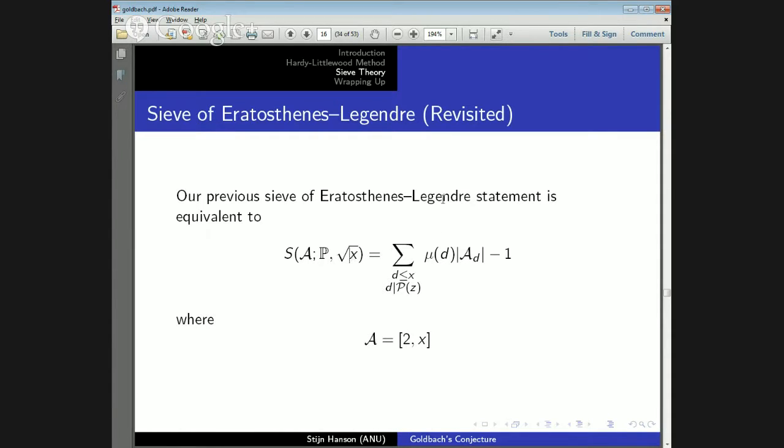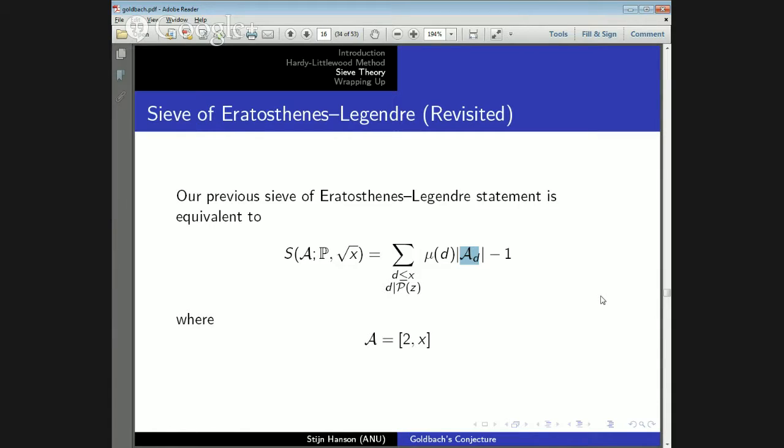And our integer part of x over n, as it was previously, ends up looking like this curly A sub D, just the number of elements such that D divides it. So that's getting our multiples of D in there, which is a much more elegant statement, but it doesn't change the fact that it's still not a particularly efficient method for calculating the number of primes between x and root x.